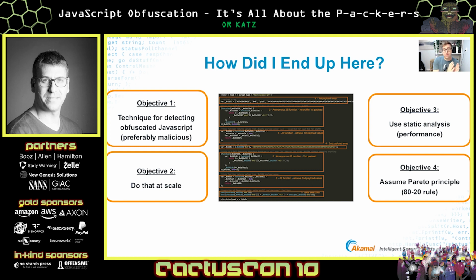By detecting them, we eliminate 80% of the problem of JavaScript obfuscation being used in the wild, because those packers, the most used ones, create the most value in the context of detection. And that was one of the objectives that I had in mind.